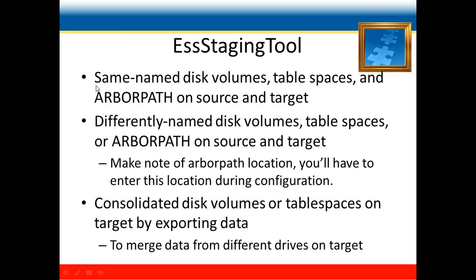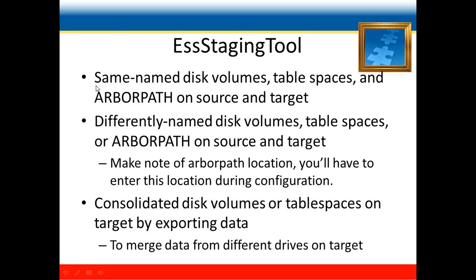If you have the same on both source and target machine, you can choose this option, because it makes the utility run fastest, as the tool is no longer required to change internal references to the artifacts in the extract. So this is the fastest performing option, but you will have to use same named disk volumes, table spaces and arbor path on the target machine.